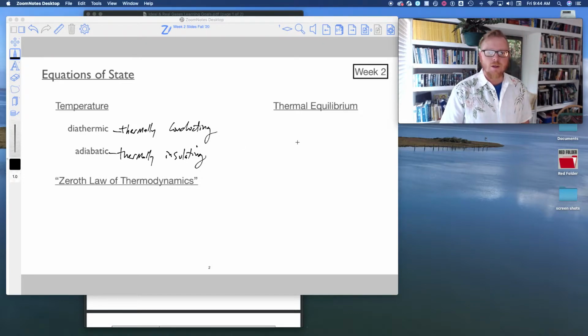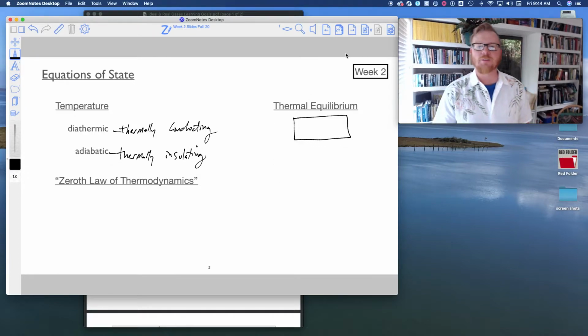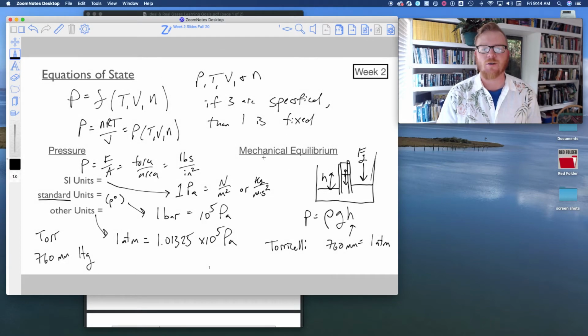Okay? So now with thermal equilibrium, this is kind of what I wanted to show you with mechanical equilibrium on the other side, but I think the idea of the barometer, I suppose we could go back for a second. On mechanical equilibrium, if I can exert more force on this, then the mechanical equilibrium says that this liquid level will have to go up as more force is being applied on this liquid level.